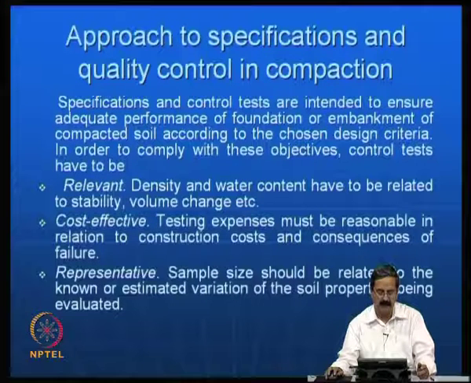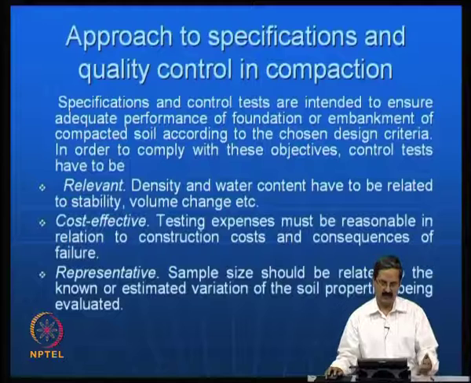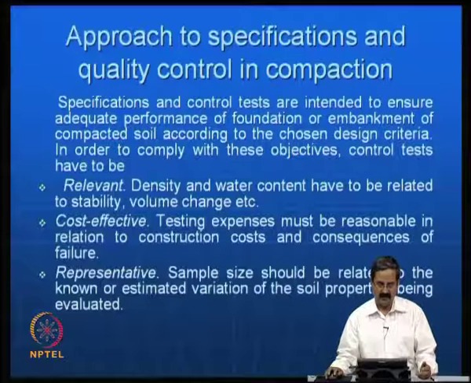When you compare the cost of construction and the consequence of failure, the cost of investigation should be reasonable, say about 0.1% or 1%. There should be some specification of what one can spend on developing specifications and quality control measures in a particular project.